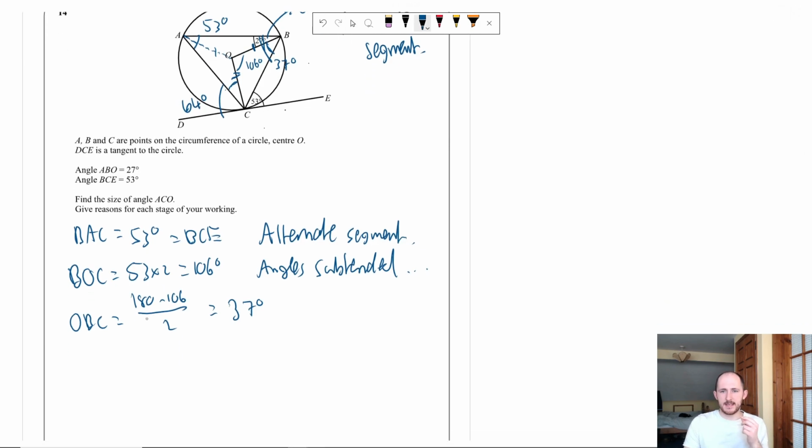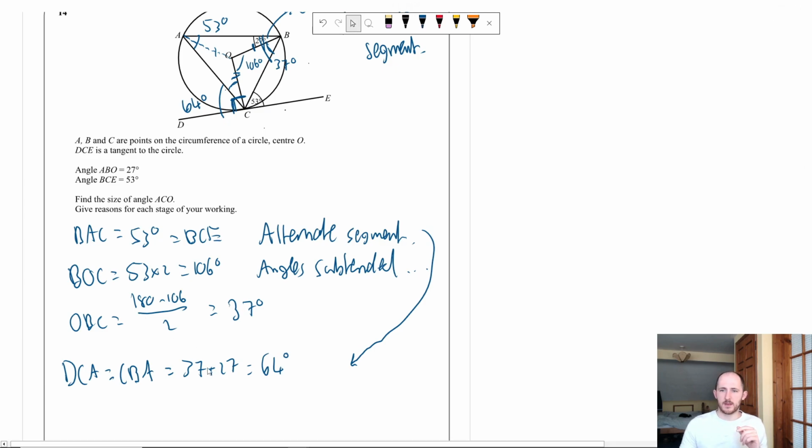So, DCA equals CBA, which is 37 plus 27, which is 64. Again, because of alternate segment theorem, but on the other side. And don't forget, tangents meet radius at 90 degrees.